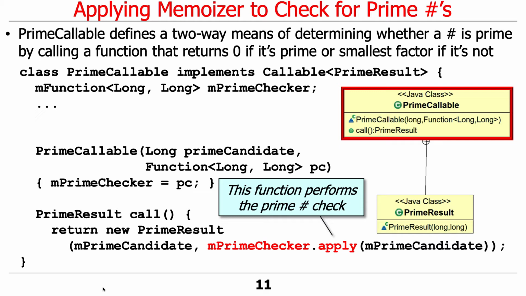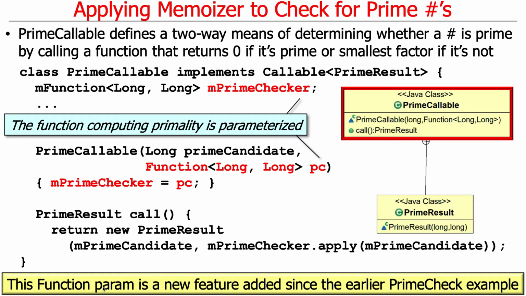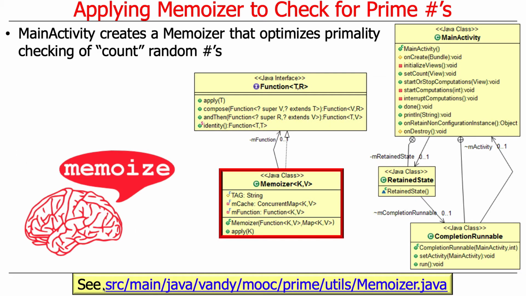And that allows us to parameterize different prime checking algorithms without changing this code. We can parameterize it here by passing in a different function to the constructor. The result that comes back from call is a tuple that keeps track of the original number, which is the prime candidate, and the result of doing the computation.